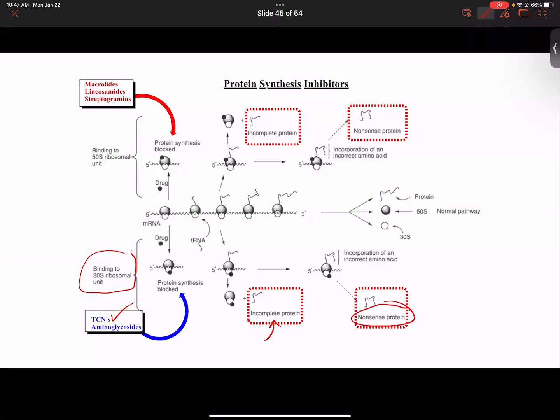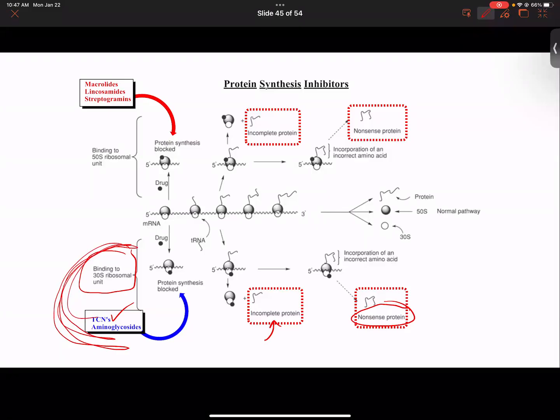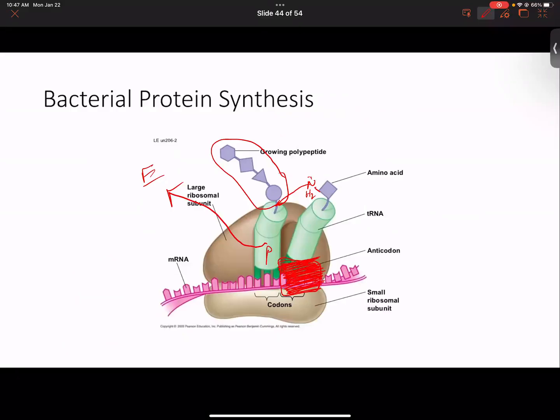Okay. This is all on the smaller subunit. If you go back to this aspect here, what site is this? This is the P site. What happens in the P site? The amino acid in the A site attacks the growing peptide chain in the P site, right? So there's got to be an interaction there.